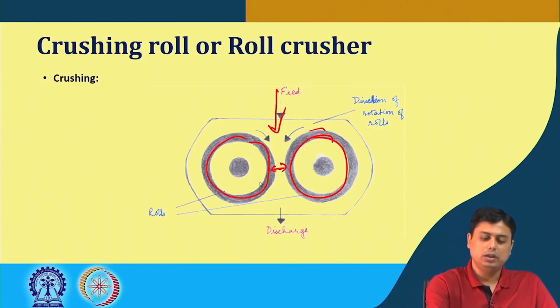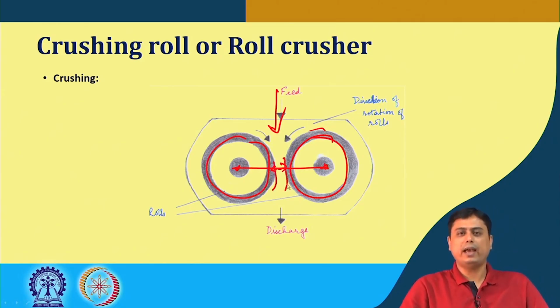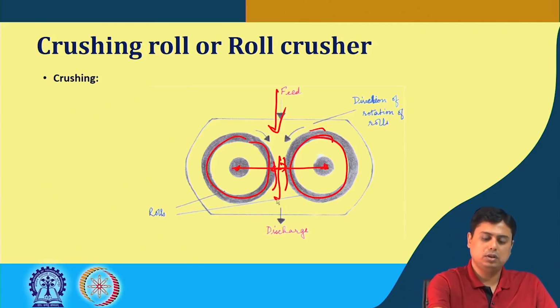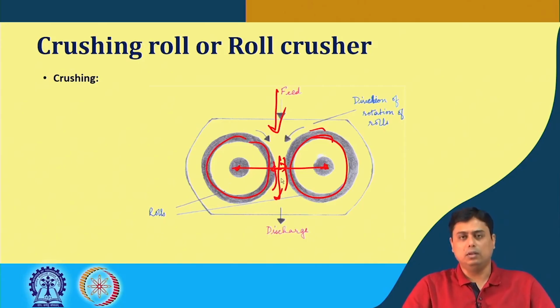Here also, the distance between the two crushing rolls can be adjusted, and by doing so we can have a specified gap between the two rolls, and the particles that go through the rolls have sizes lesser than this gap.